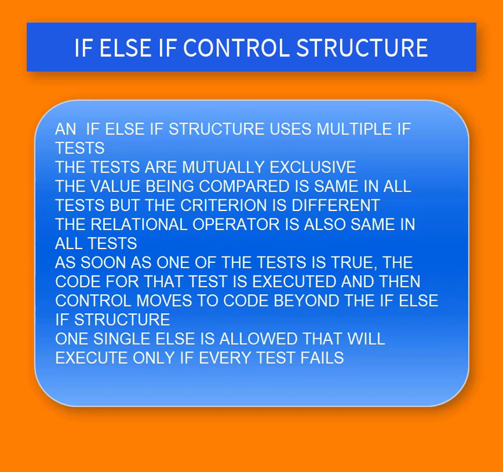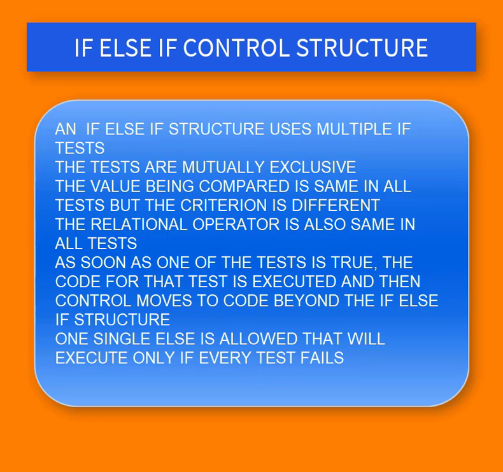If you're using less than or greater than or equal to, less than or equal to, that also remains the same. The critical aspect we have is that as soon as one of the tests is true, then the code for that test is executed, and after that, the control of the program moves beyond the if-else-if structure, meaning if one test is true, then no other tests will be performed, and the else will also be ignored.